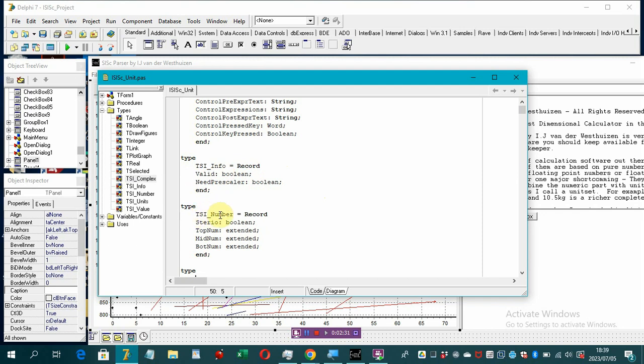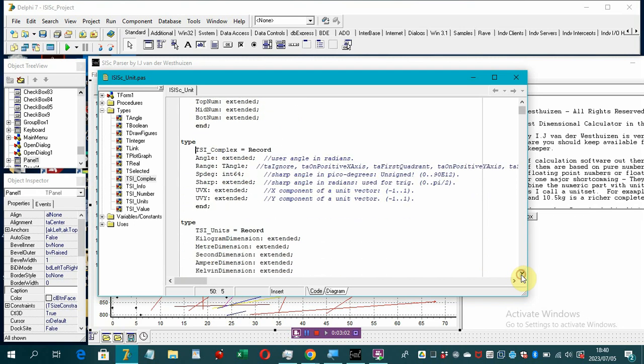TSC info is a subpart of TSC value. TSC number is a subpart of TSC value. So it's got a stereo boolean, a top num of extended floating point, mid num of extended floating point, and the bottom num of extended floating point.